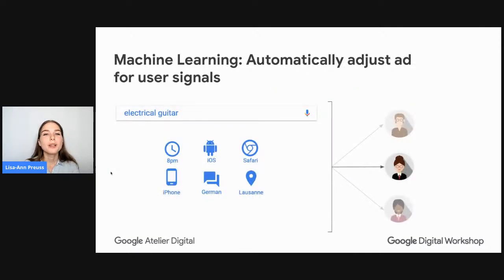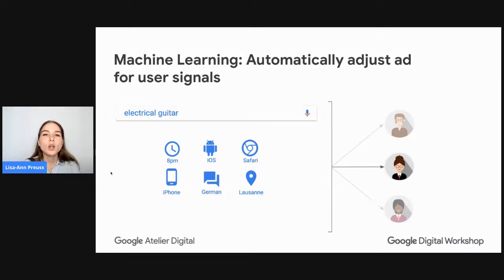Lastly, I do want to point out one more thing. Machine learning has actually been a real push, a real driver to Google Ads. And with regards to our text ads, it's becoming more and more clear how these ads will be automatically adjusted for different user signals.